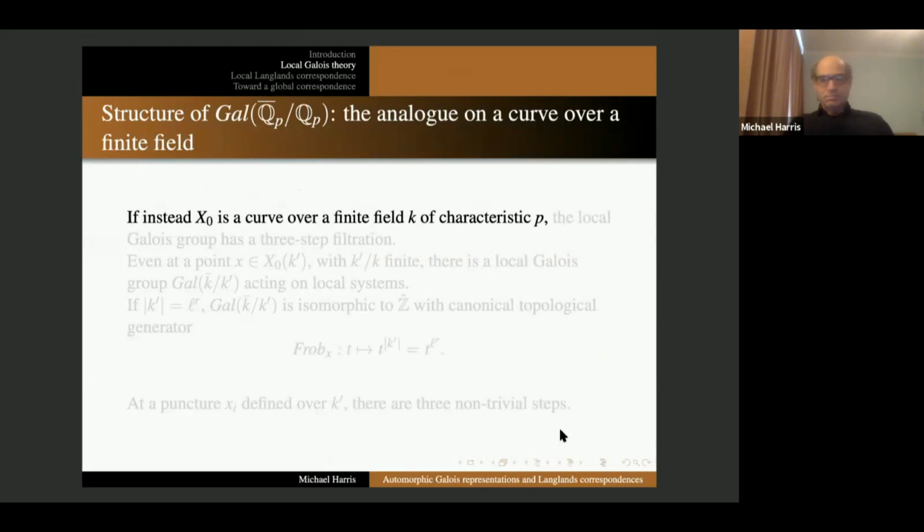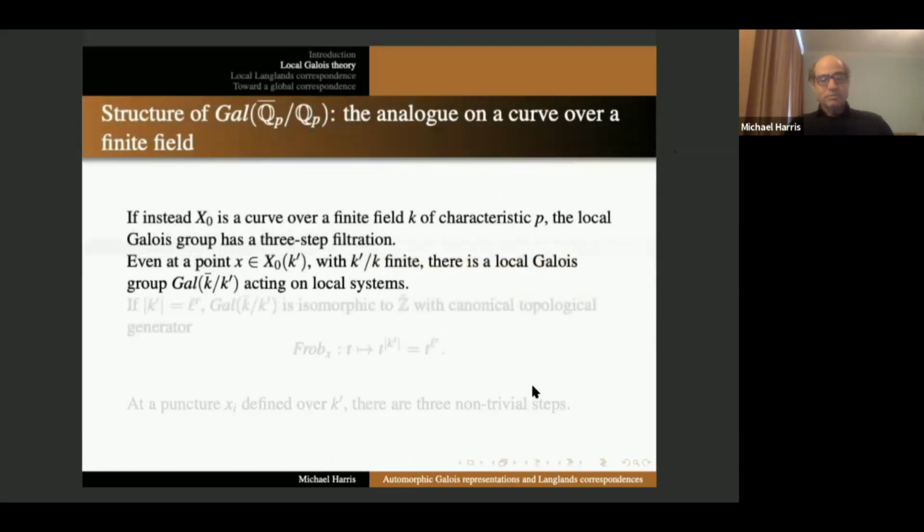Now, let's move from complex geometry to geometry over a finite field. Then the local Galois group has a three-step filtration. This is the theory of the algebraic fundamental group.